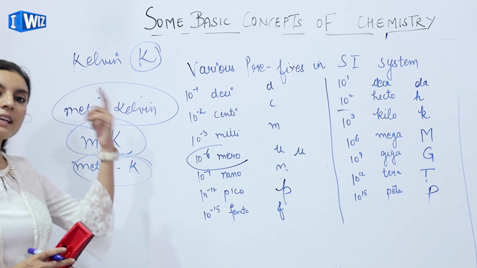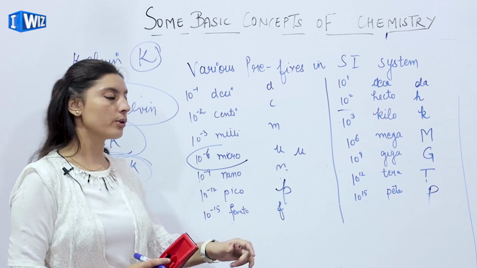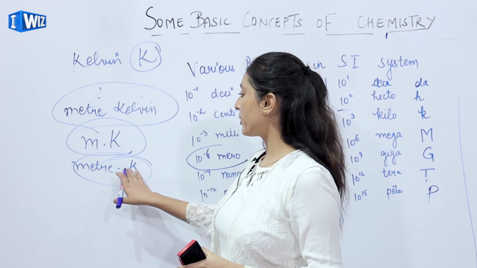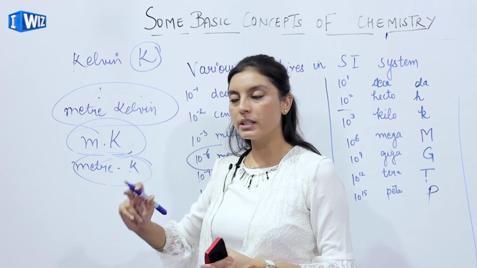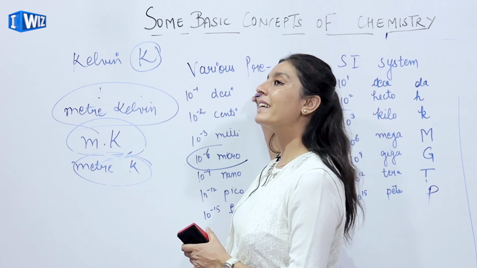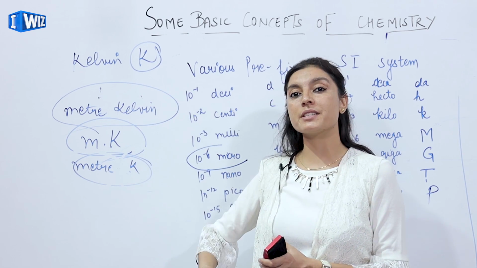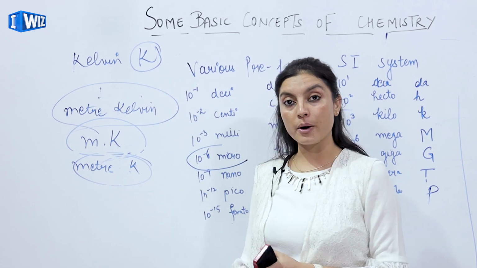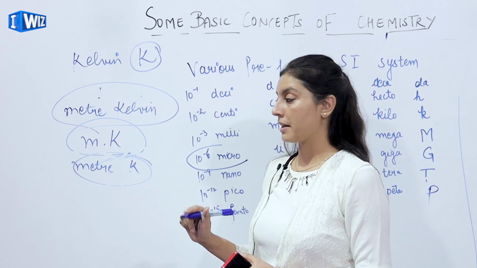No. If you are following the symbols, please go with the symbols only. Writing in words for one unit and in symbols for another is not the system followed by the SI. This is a wrong system of representing the units. So make sure that you are taking notice of this, as it is very, very important.